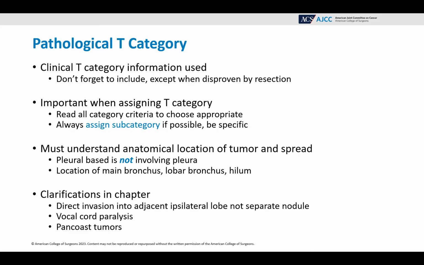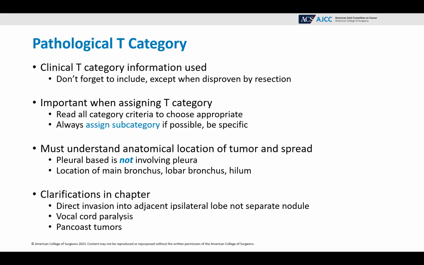And it's important to understand the anatomical location of the tumor and the spread. Pleural-based is not involving the pleura. The location of the main bronchus, the lobar bronchus, and the hilum is also playing a very important role. So you need to know where those structures are in regards to the tumor that is being described.